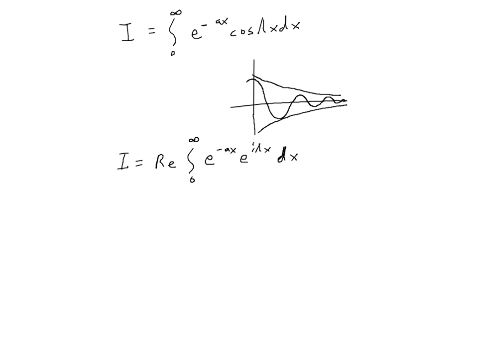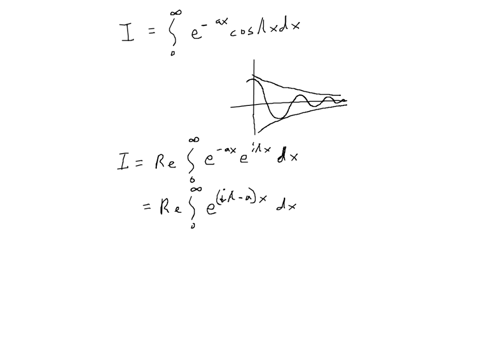What I did was I took my cosine and turned it into an exponential function. When I do that, I can combine the exponentials together in my integral. So I have i lambda minus a times x dx.